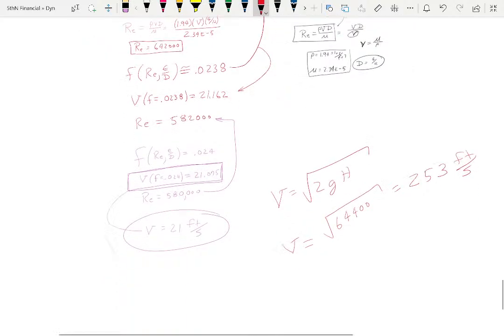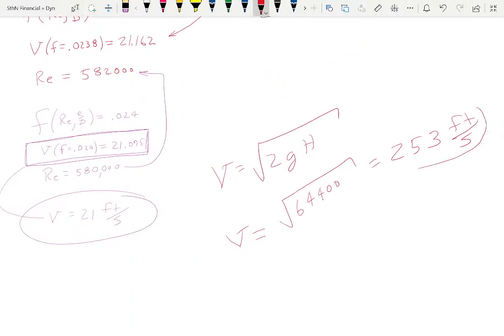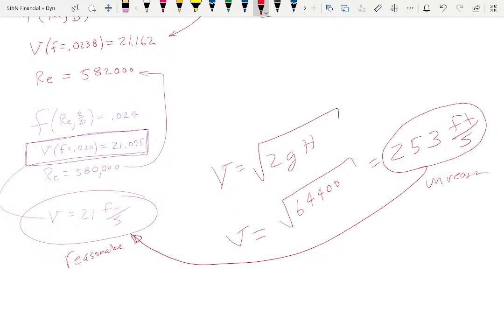So there's a big difference here if you don't have losses and if you do. This is reasonable, and this is completely unreasonable. I mean, that's just not even on the charts.